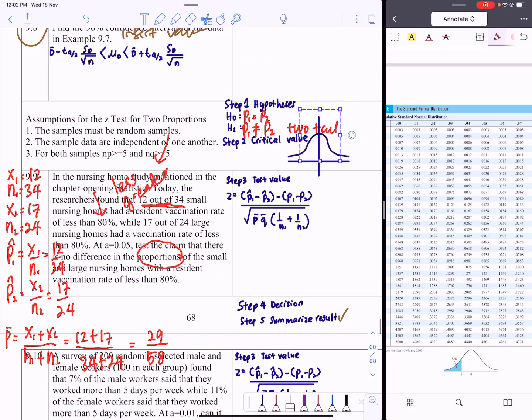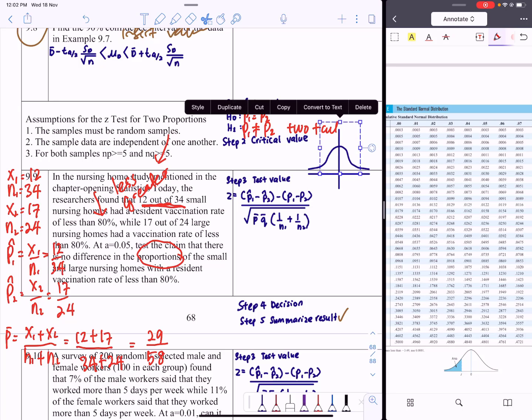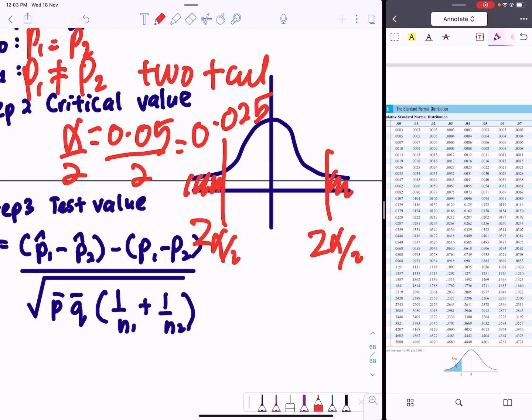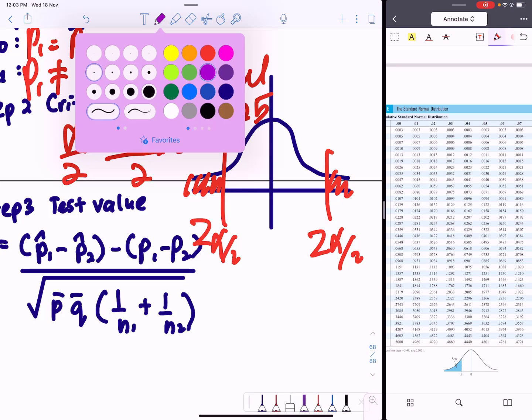What we need to do is divide the alpha. Alpha equals 0.05 here, and then alpha divided by 2 is 0.025. We need to find the z-score for the alpha. I repeat this many times for you.